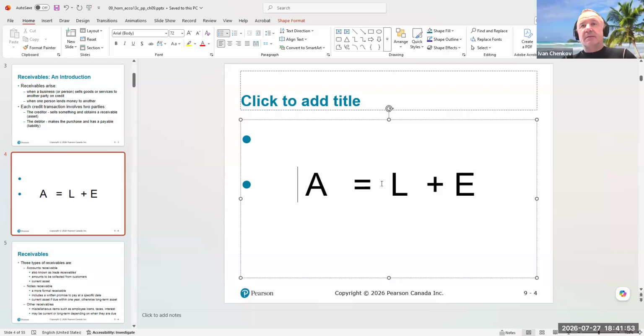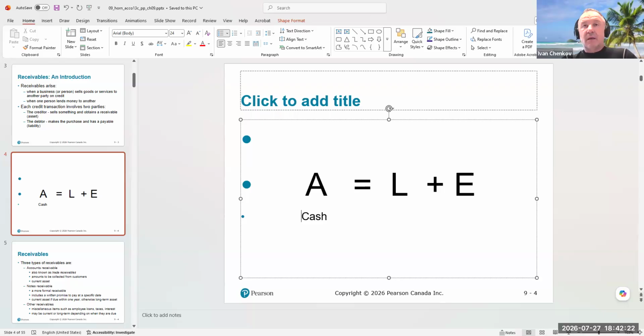The point is that the most important asset of the company, or the most liquid asset of the company, is cash. Why? Because with cash, we can buy, and we can easily convert cash in one form of asset to another form of asset, which is going to help us to generate sales.